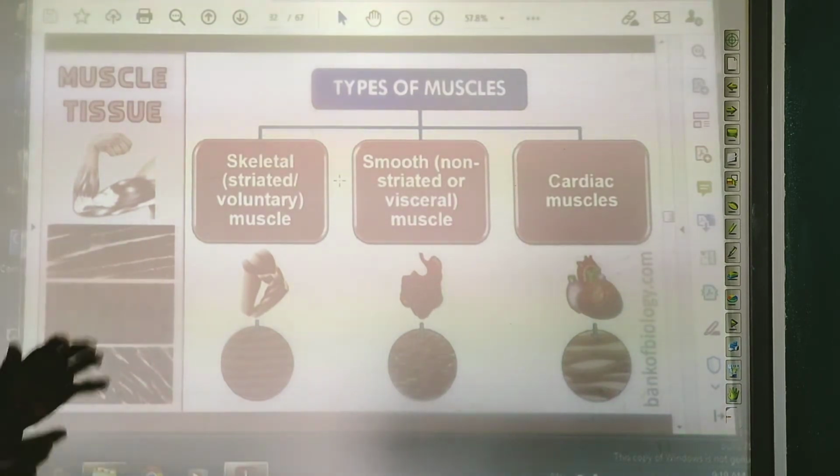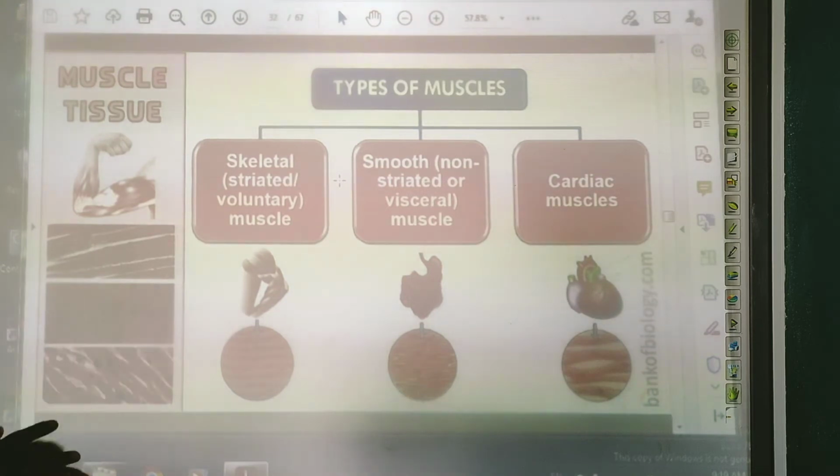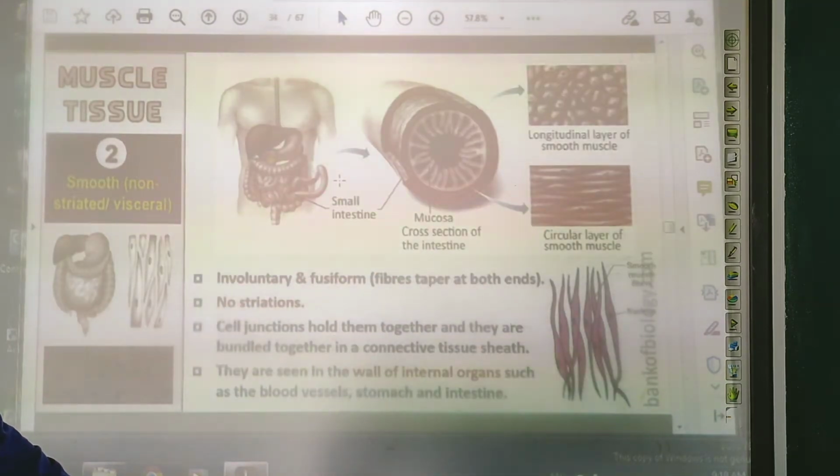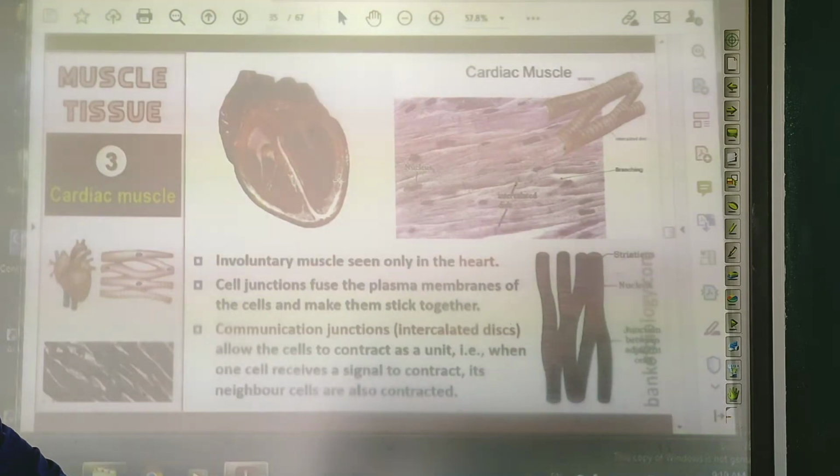Smooth muscles are non-striated or visceral muscles. Cardiac muscle is mostly found in the heart. They are involuntary muscles, we are not able to control them. Quickly we will revise everything.